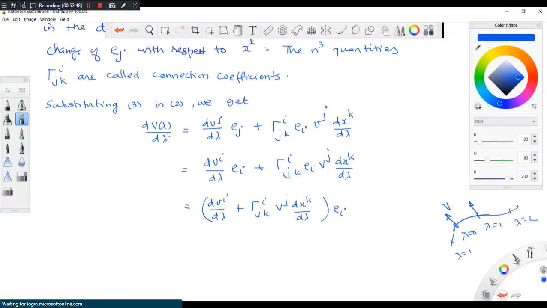So what do you expect? If I am moving from one position to another parallelly, then the derivative of V with respect to lambda should be 0. There is no change in the vector, in magnitude or direction. That is the meaning.